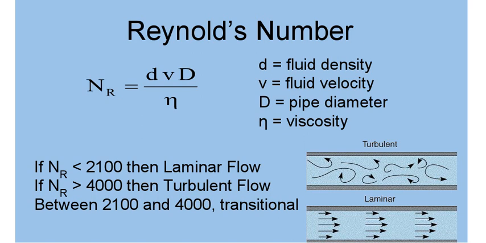So you put those four numbers in and turn the crank. If that number is less than 2100, we say it's laminar flow. A small Reynolds number means that you have nice, smooth flowing water. If it's a big number, then you have turbulent flow. It's all churned up and rolling about.